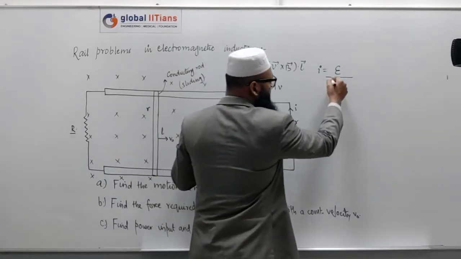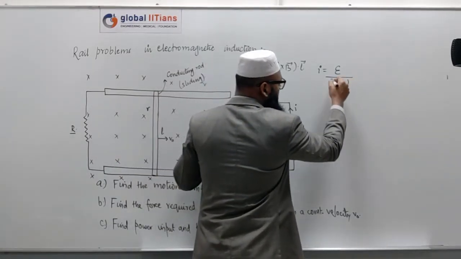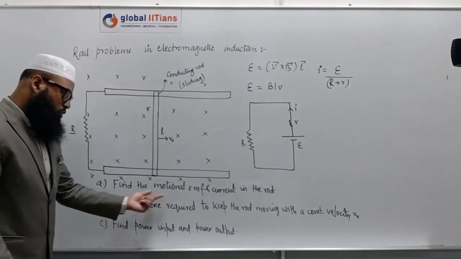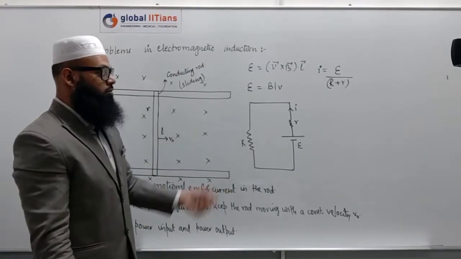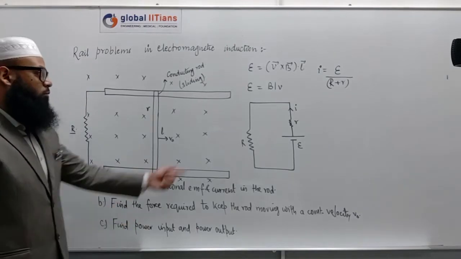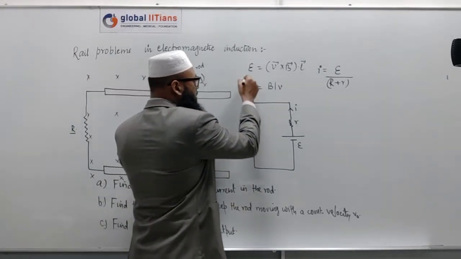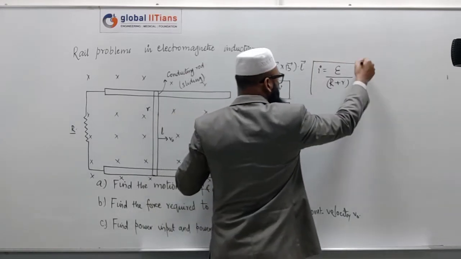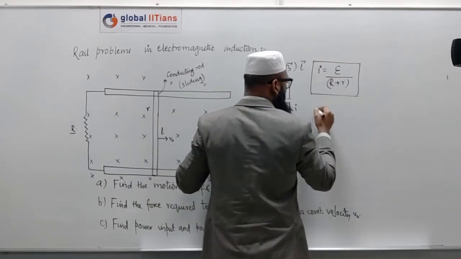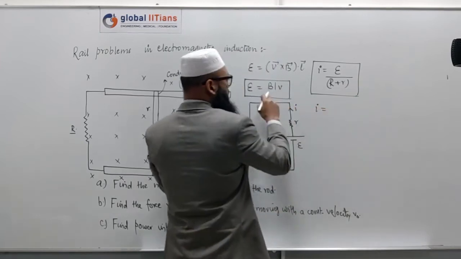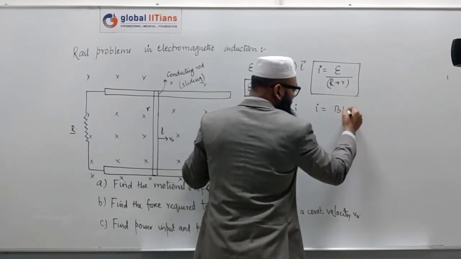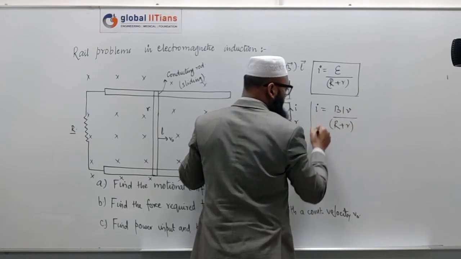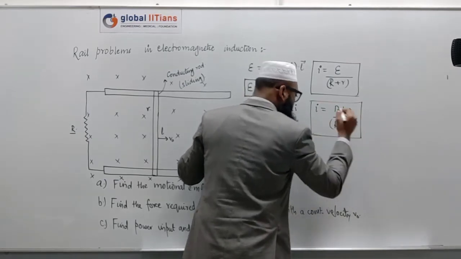So I is equal to E upon R plus r. We were asked to find the motional EMF and current in the rod. The motional EMF is BLV, and the induced current is I equal to BLV upon R plus r.